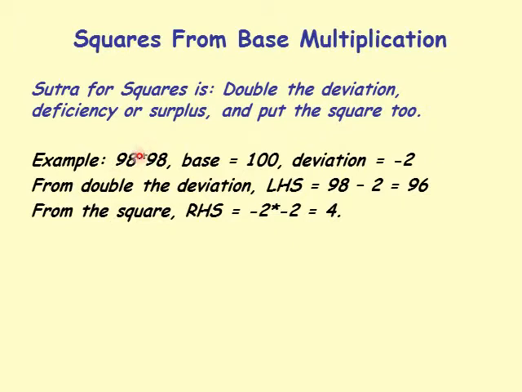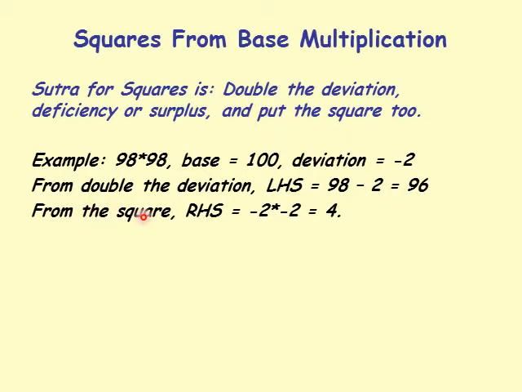So example, 98 times 98, base is 100, deviation is minus 2, and when we say double the deviation, the left hand side is going to be 98 minus 2, which is 96.